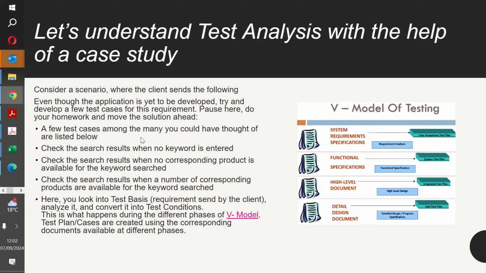If you look at the test basis, that's the requirement sent by the business analyst or sent by the client. You can convert it to the test condition. The test condition is basically the various test cases we're able to derive from it. I don't know if you understand what I'm saying.